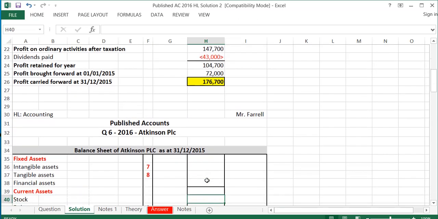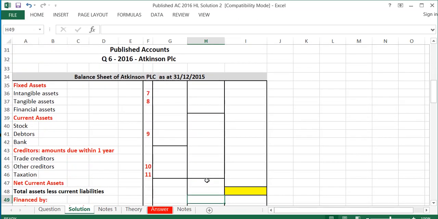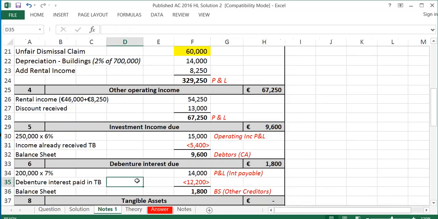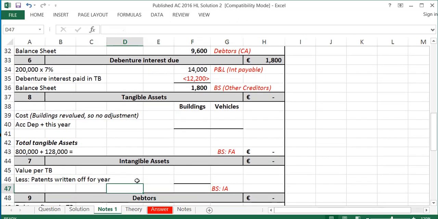The next thing I need to do is the balance sheet. So the first thing I'm going to have in my balance sheet is my intangible fixed assets. So I need to do a note on intangible fixed assets, here, note 7. So from the trial balance, I can see my patents.